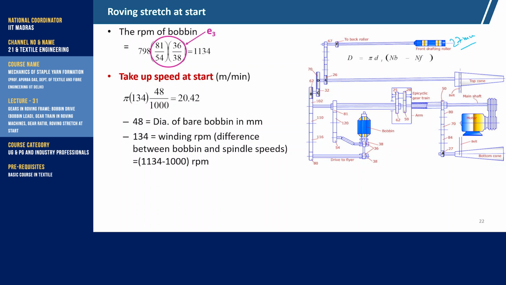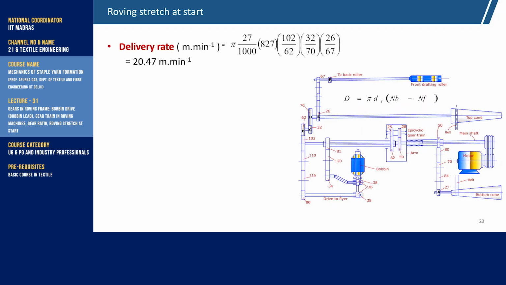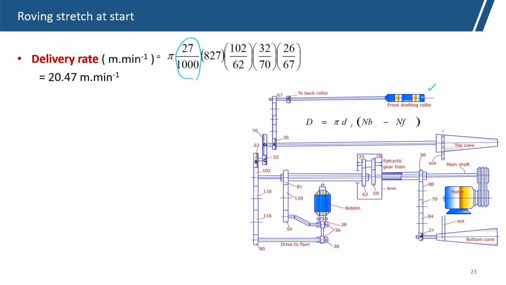Now, the delivery rate is pi d times the RPM of the delivery roller, which we get from the main shaft through the gears 102, 64, 62, 70, 62, 70, 32, 70, and then 26, 67, 26, 67. From there we can get the delivery rate.